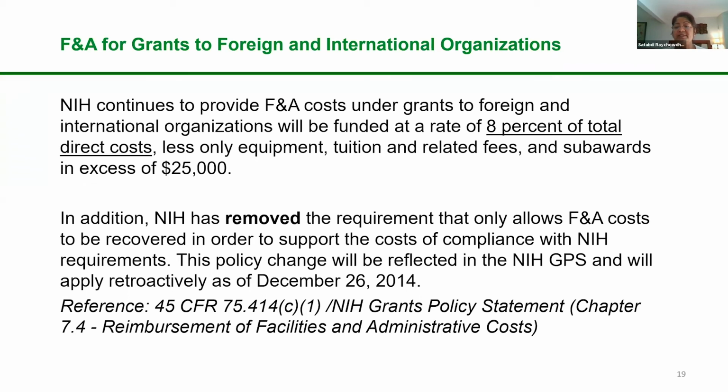Those are basically excluded from the F&A. In addition, NIH has removed the requirement that only allows F&A costs to be recovered in order to support the cost of compliance with NIH requirements. So basically, you can have 8% on other things as well.